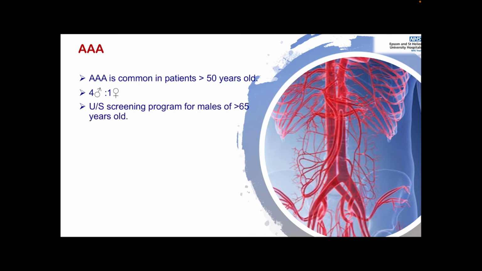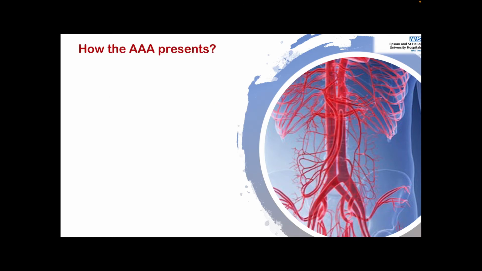An ultrasound screening program is designated for males of more than 65 years old, for everyone over 65, to rule out abdominal aortic aneurysm.